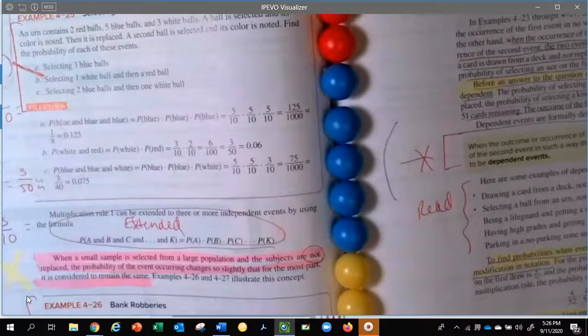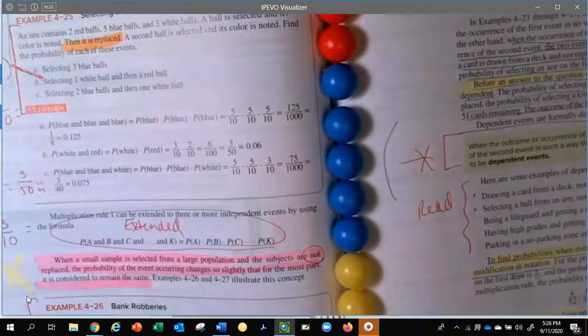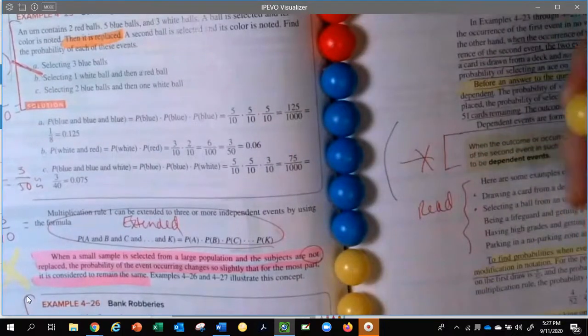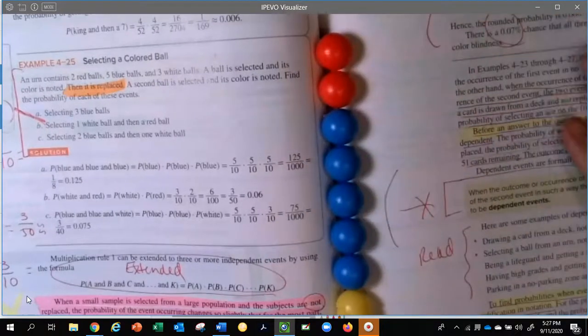But the big word in here is right here, and I'm going to grab another highlighter, that says, then it is replaced. That is the alarm to go off in your brain that says, these are independent. When I replace the ball, like if I take out this yellow one, I'm going to impact the amount of balls that are there. But if I replace it, it goes back to normal.